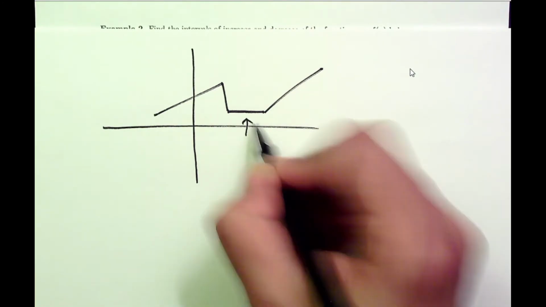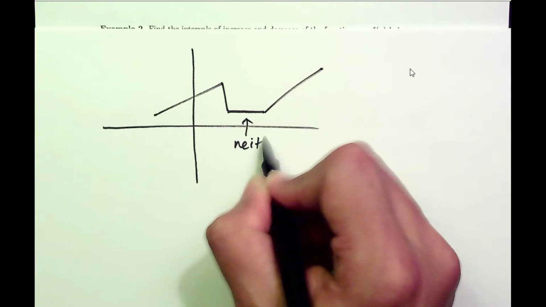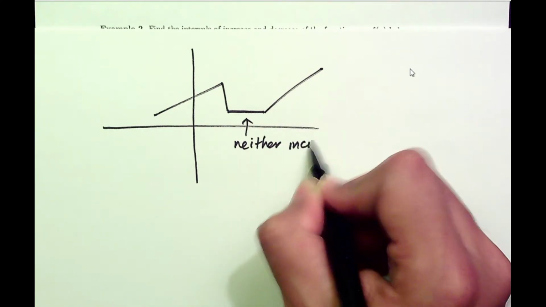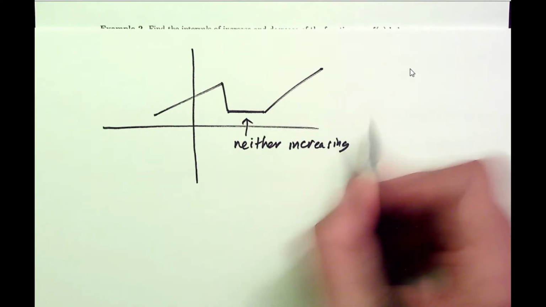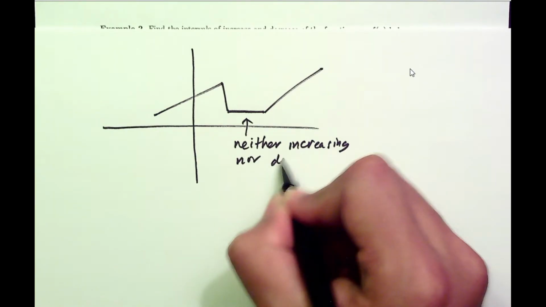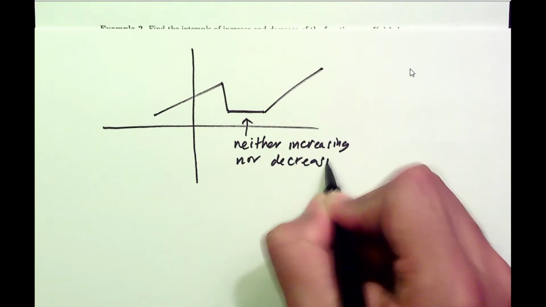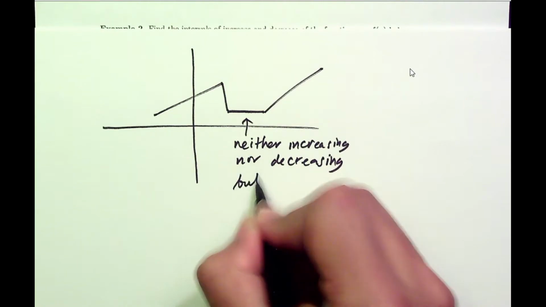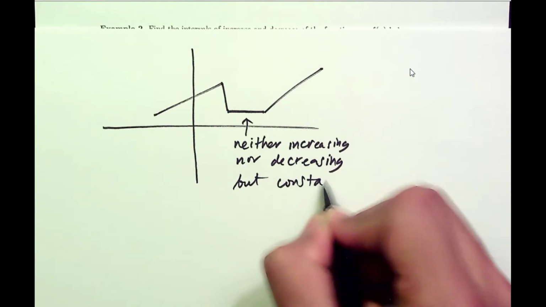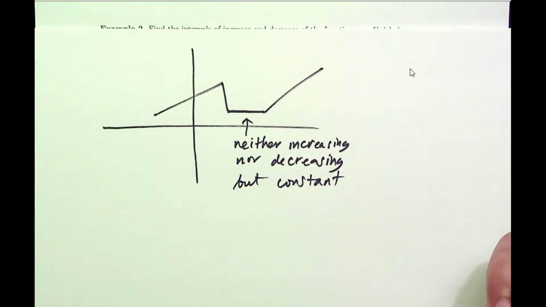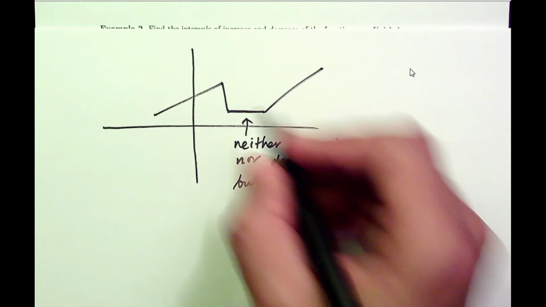So in this piece, the function would be neither increasing nor decreasing, but constant. Okay, so constant functions are neither increasing nor decreasing.